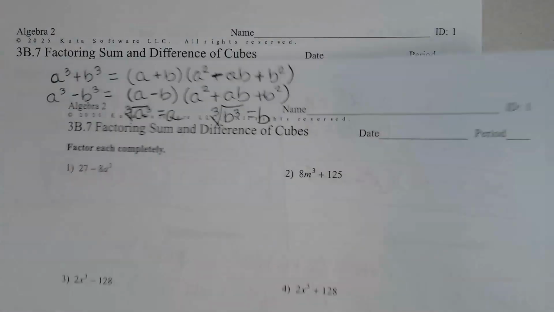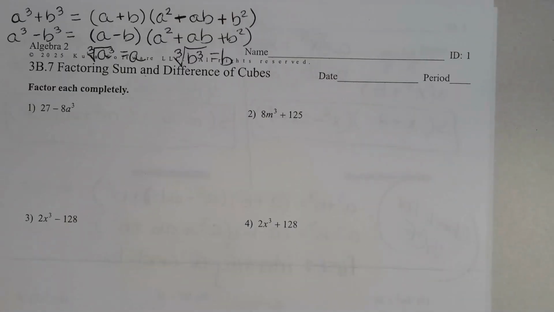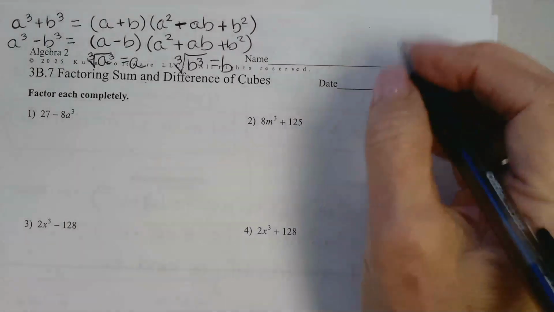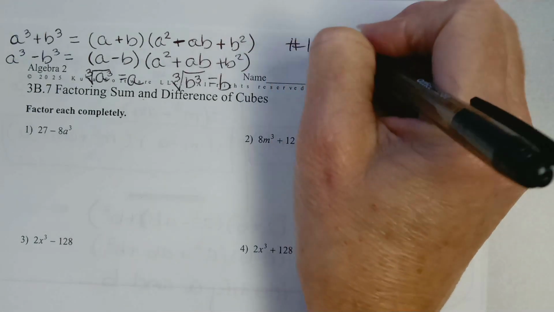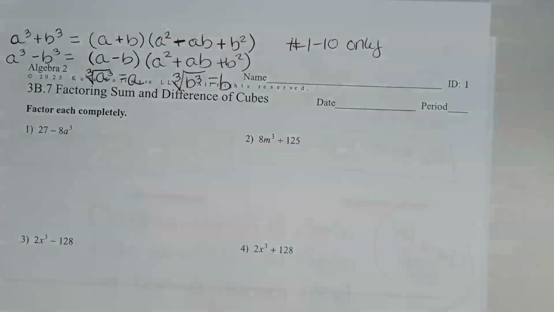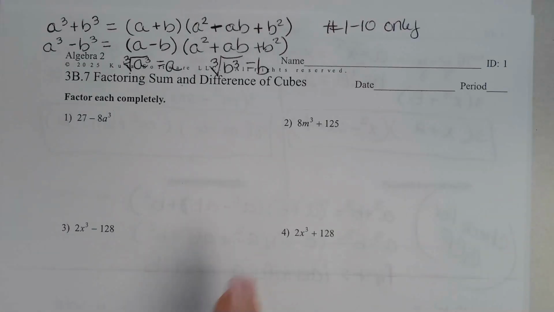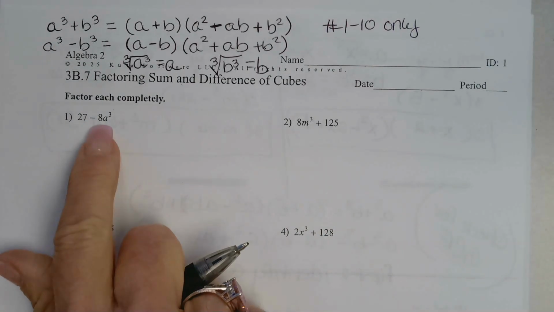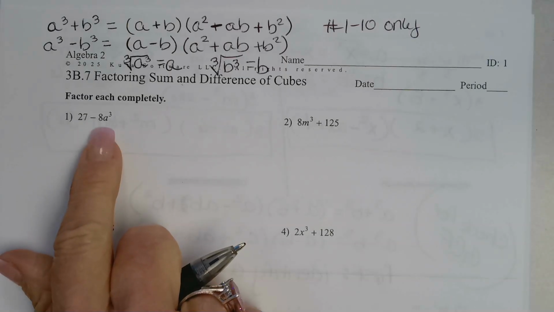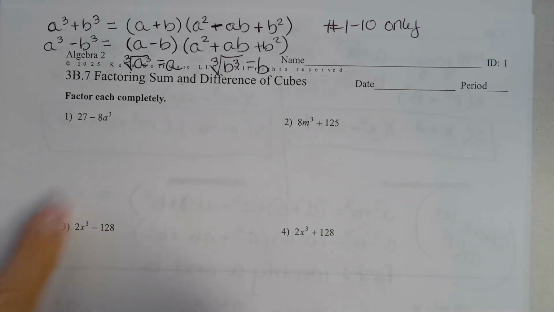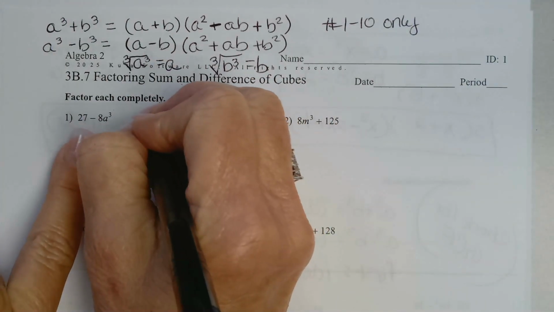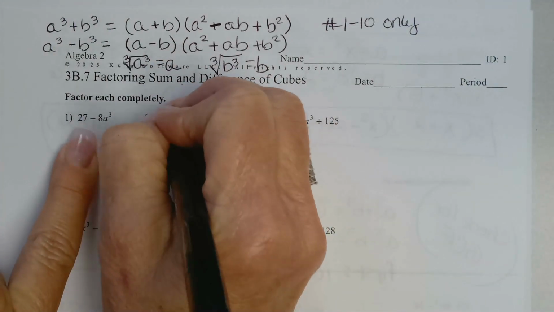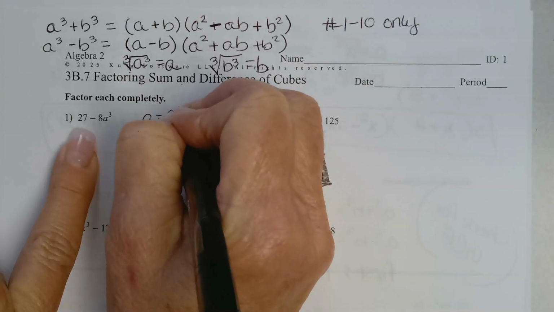You are going to do the front page, numbers 1 through 10, number 1 through 10 only, just to practice this formula, plugging them in. So remember, first thing, do you have a common factor? No. Identify your cubes. So I'll start the first one for you. This A, we want the cube root of 27.